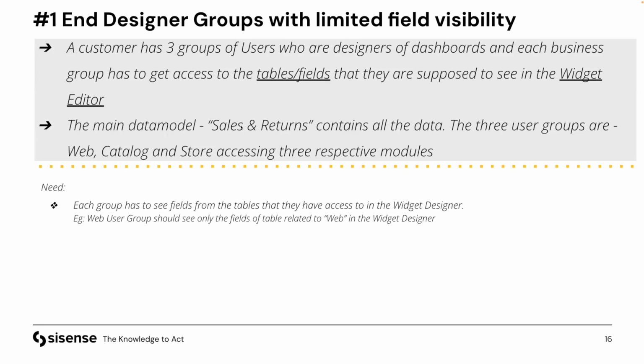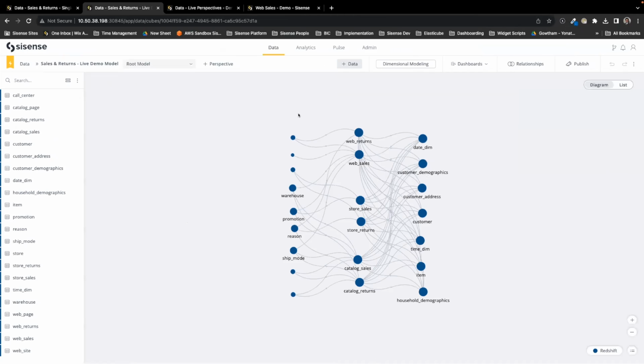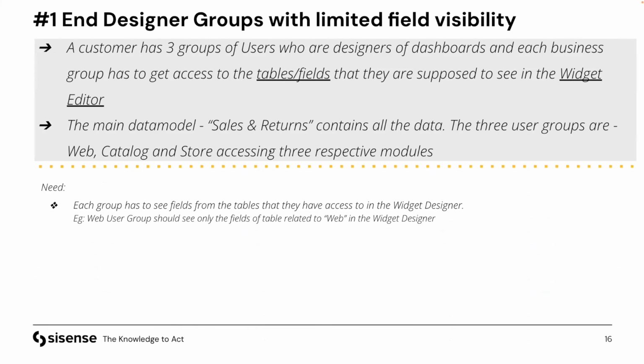So the main data model is sales and returns, which we can consider the single model as our sales and returns data model. And the 3 user groups are web, catalog, store, accessing those modules. So that's the need. You only want to share the fields that they should be seeing to the end designer so they can create their dashboards without any confusion.